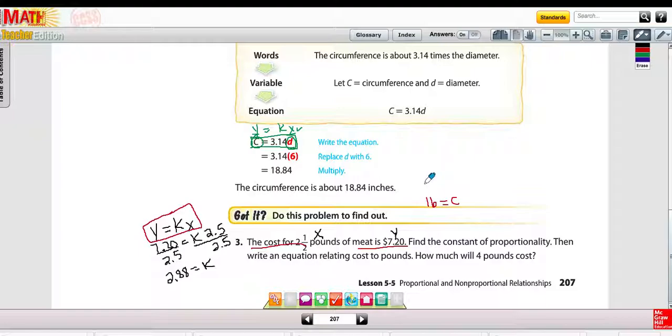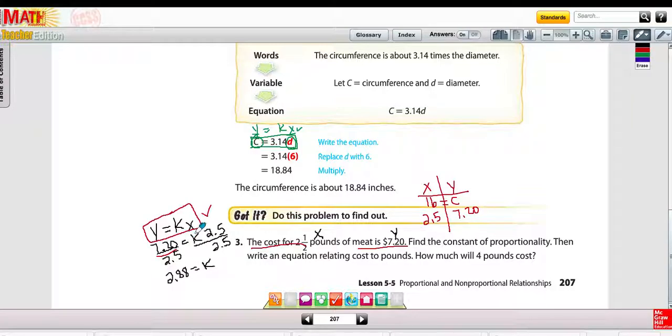If I'm going to make that into a table, the pounds is the x value and the cost is the y value. So my y value is $7.20 and my x value is 2.5 pounds.